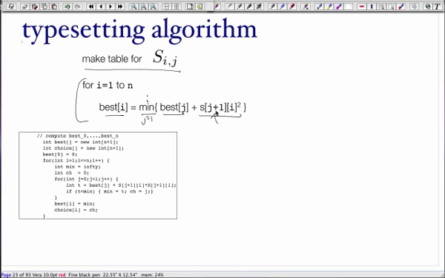As I mentioned in the last class, I've posted a C program that does exactly this. It's just these 6 lines of code. You initialize an array, and you start this for loop right here, and this corresponds to this minimum condition.